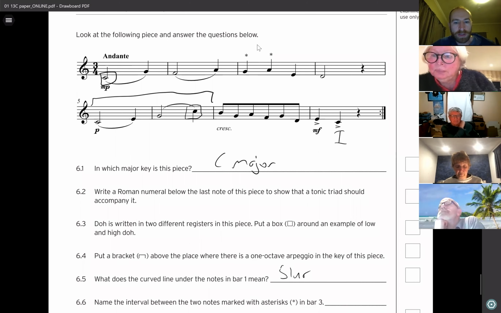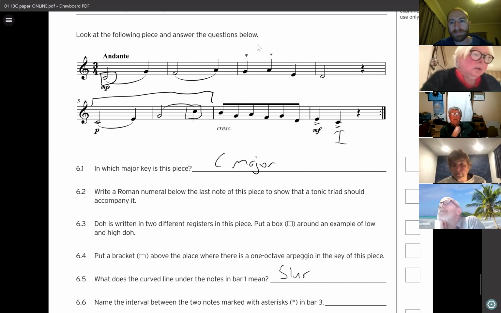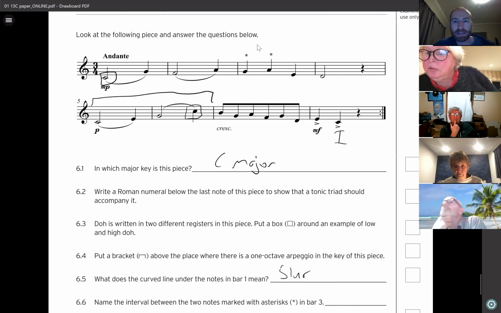Okay, name the interval between the two notes marked with asterisks in bar 3. G, there's only one note between them, A. How many semitones between a G and an A?